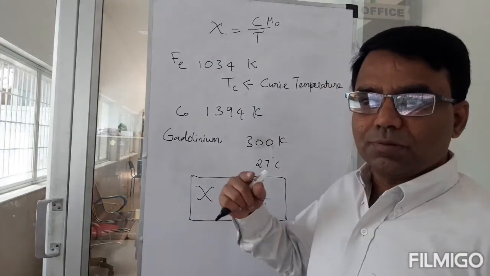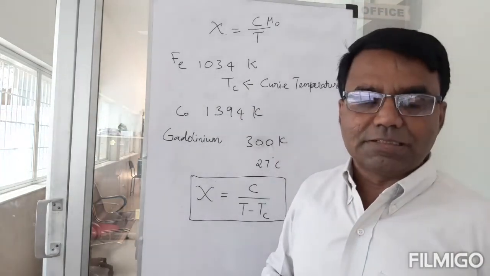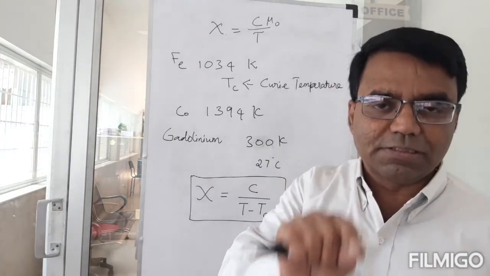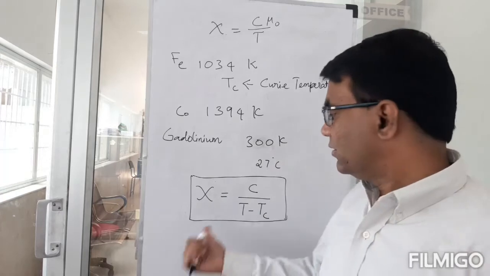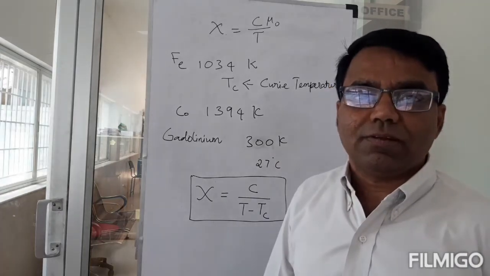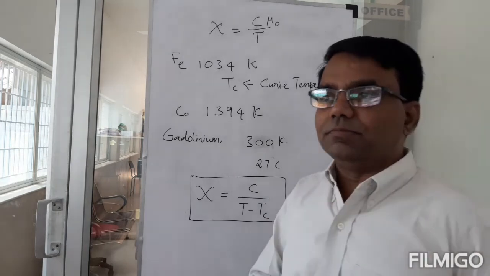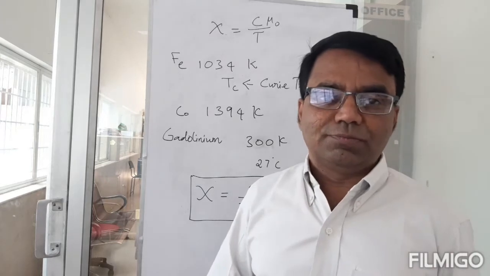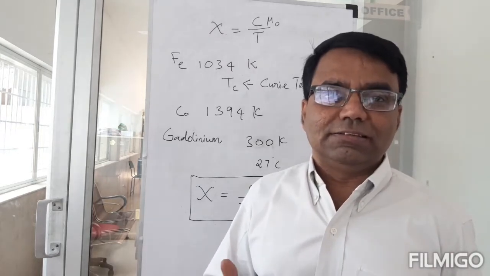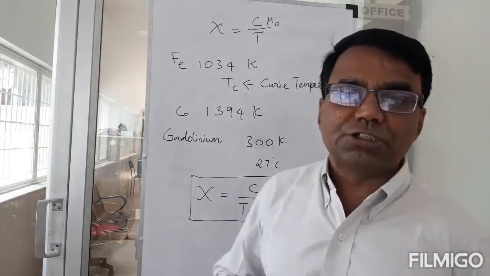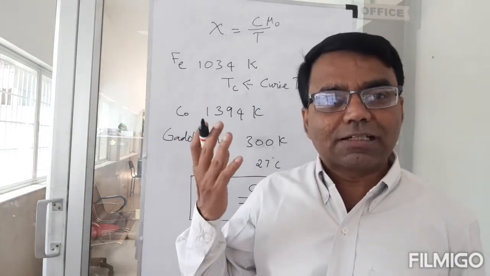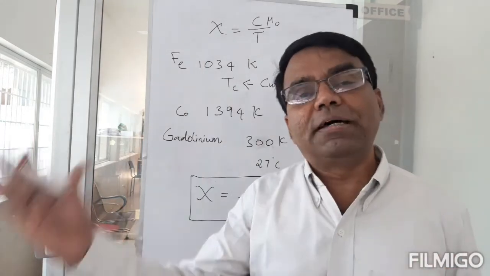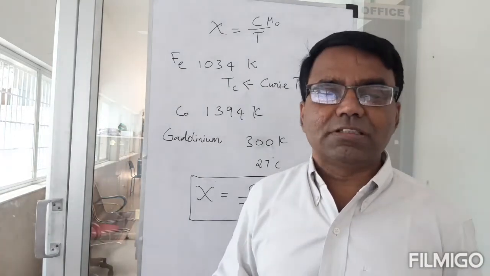But once it becomes a paramagnetic material, then if you want to find the susceptibility at that temperature, you can find it like this. There is a table given in your textbook, and I want you to go through the table and find the different temperatures at which different materials will go from ferromagnetism to paramagnetism. It's a very interesting table.